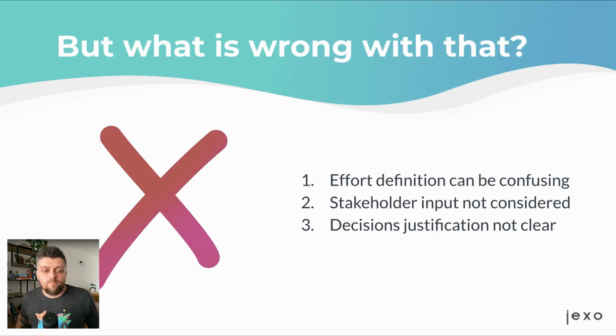All right, but what's wrong with that? I think a lot of people are used to prioritizing like this, medium, high, low, or just sorting it in the order of priority. Well, there are no concrete guidelines on how you define a task effort. What is a story point, 18 or 20 or whatnot?